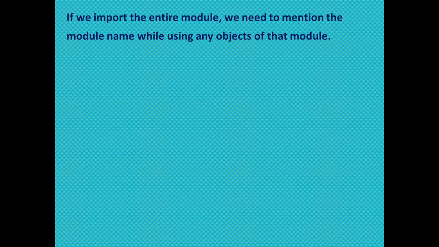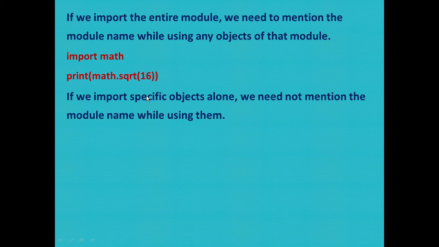If you import the entire module using this import math statement, we need to mention the module name like this. See, print math.sqrt of 16. Suppose if we import any particular function, it is easily understood. We need not use the module name.